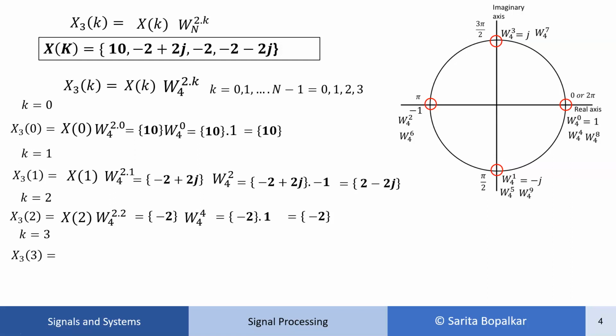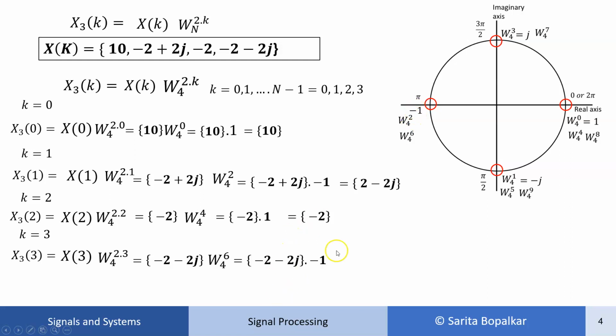Last value. X3 of 3 is equal to X of 3 times W4 of 2 into 3. K is 3, so 2 into 3 is 6. So X of 3 is minus 2 minus 2j, and W4 of 6 is minus 1.